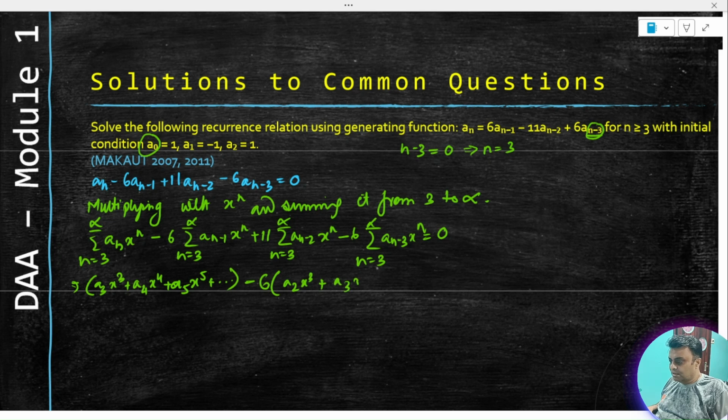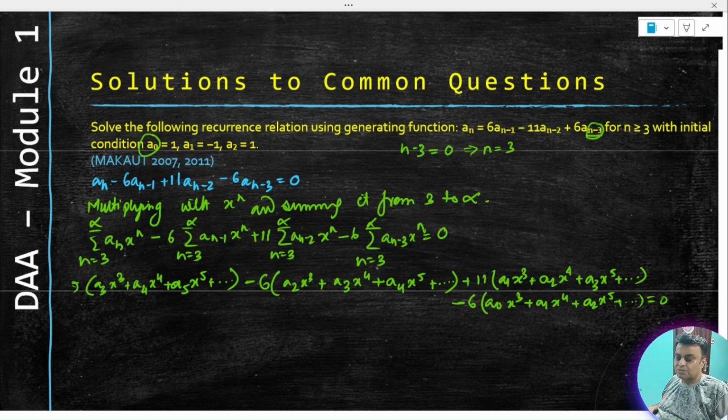So a3 x^4 plus a4 x^5 plus dot dot dot, and then we are getting 11 a1 x^3, a2 x^4, a3 x^5, dot dot dot, and we are also getting minus 6 a0 x^3 plus a1 x^4 plus a2 x^5 plus dot dot dot, and this is equal to 0.